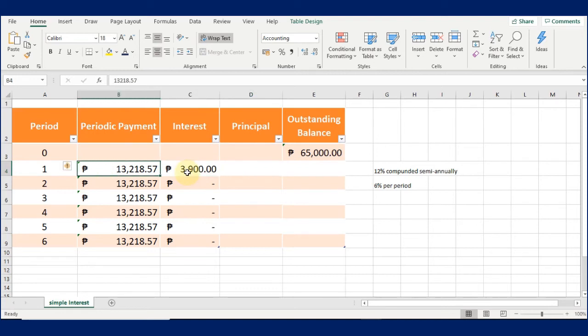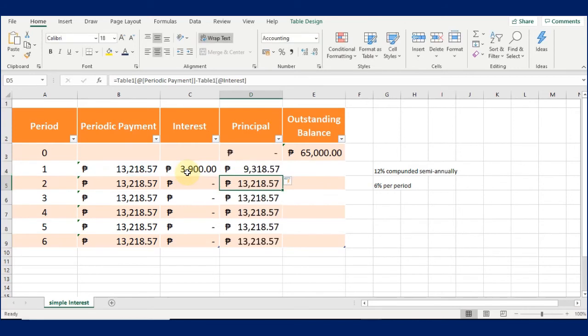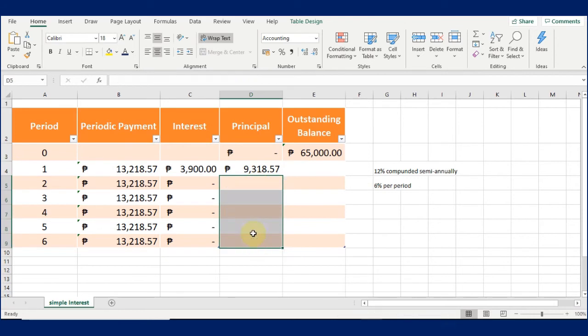But you paid 13,218.57. So that means how much will be paid to your principal or your original loan. So that's 13,000 minus the interest. Okay, let me just delete that. Again, I just want to repeat that. Where did I get this?